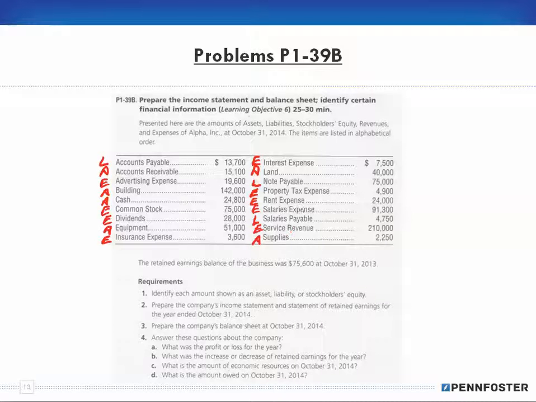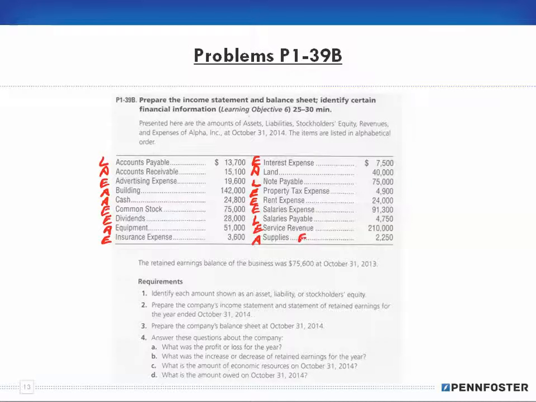Now the reason why I went up here and said look at the last word being expense or payable to determine whether it was equity or liability is for the simple reason that I'm looking at supplies here. It just says supplies, so I'm going to assume that that is something we own because we bought the supplies and it's part of our inventory.